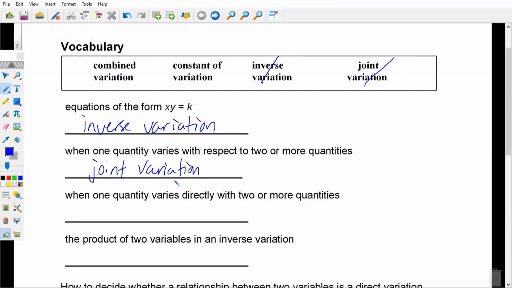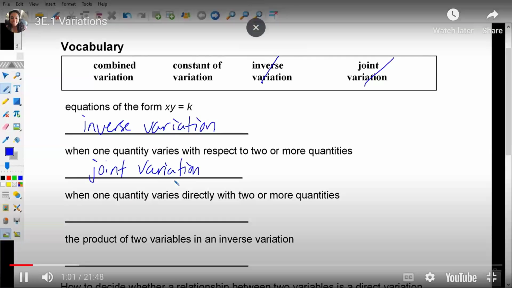And then when one quantity varies directly with 2 or more quantities, that's going to be called a combined variation. The key difference here is with respect and varies directly.